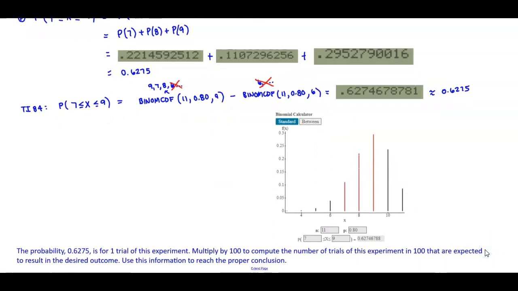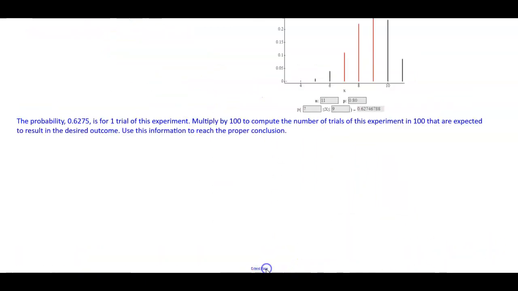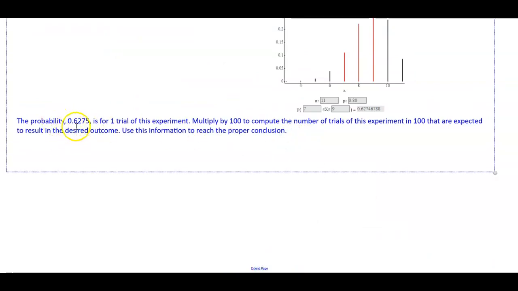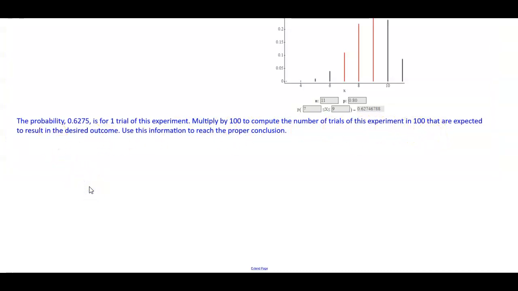Now, it's telling us here that the probability of 0.6275 is for one trial of this experiment. We're going to multiply by 100 to compute the number of trials of this experiment in 100 that are expected to result in the desired outcome. So we take 0.6275 and multiply that by 100, which gives us 62.75.